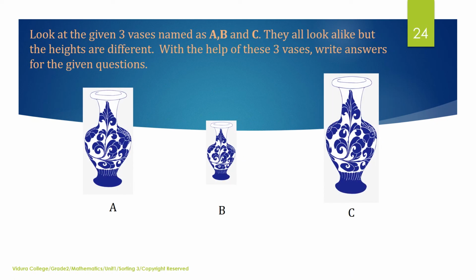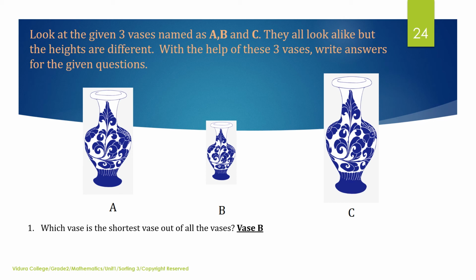Look at the given three vases named as A, B and C. They all look alike, but the heights are different. With the help of these three vases, write answers for the given questions. Number 1.